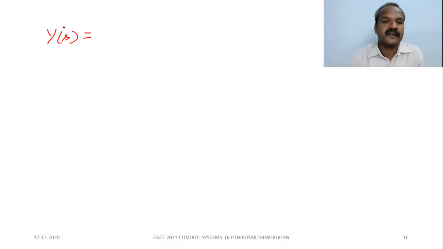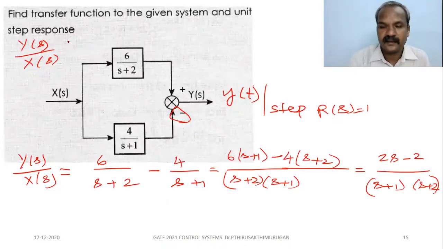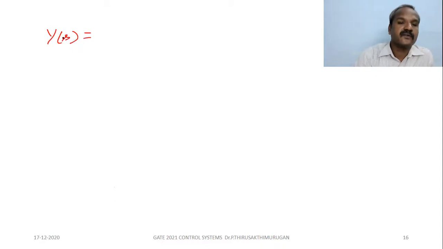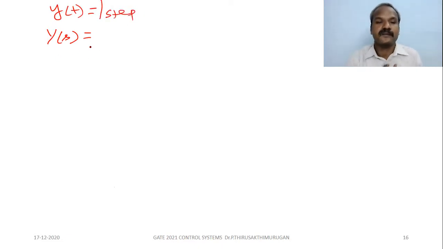So this is the transfer function model. Next we have to determine the step response y(t). For a step, X(s) equals 1 by s.